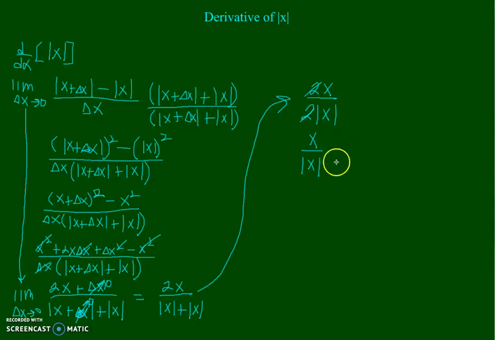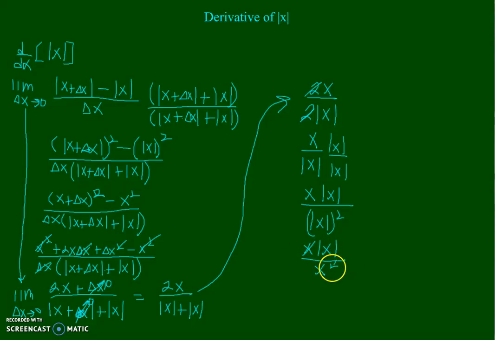Let's do the absolute value equivalent of a rationalization of the denominator. Let's multiply the numerator and the denominator by the absolute value of x. So here we have x times the absolute value of x over the absolute value of x squared, and as we learned earlier, that's x squared.